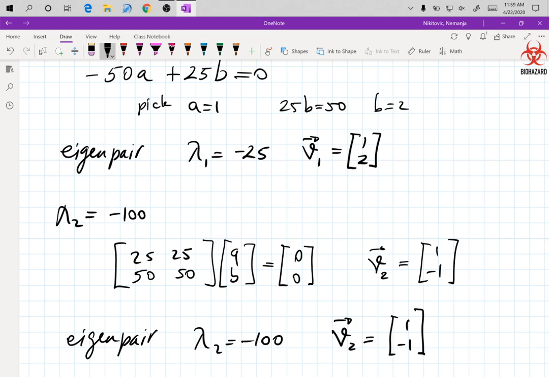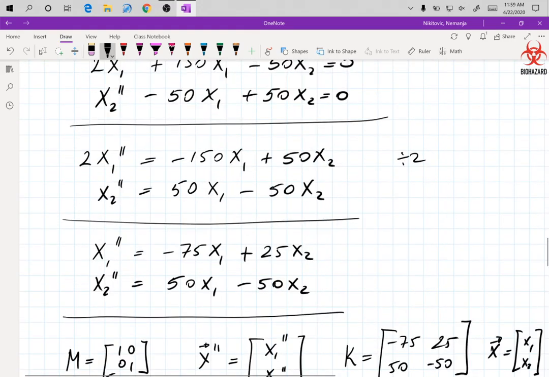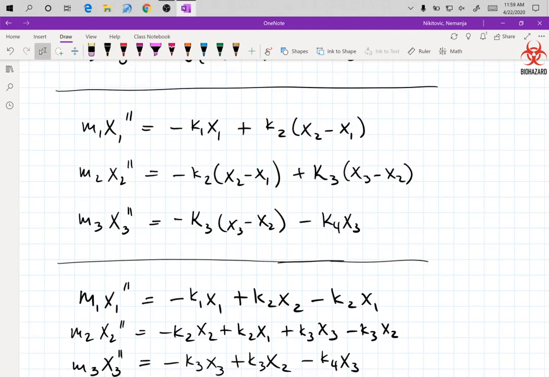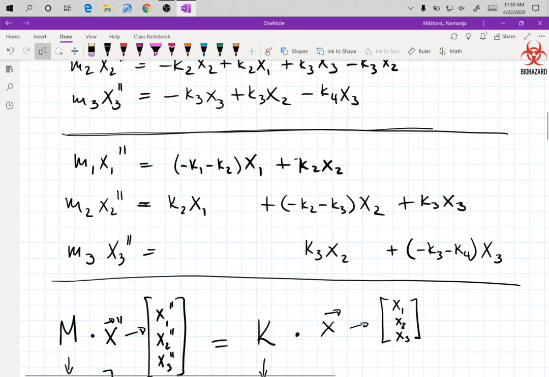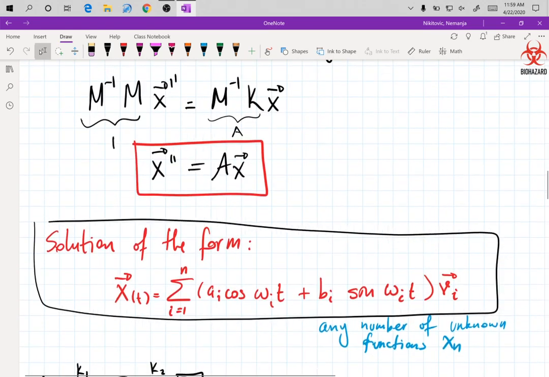All right, so now the general solution. So the general solution from here will tell us what we are supposed to use as our values.